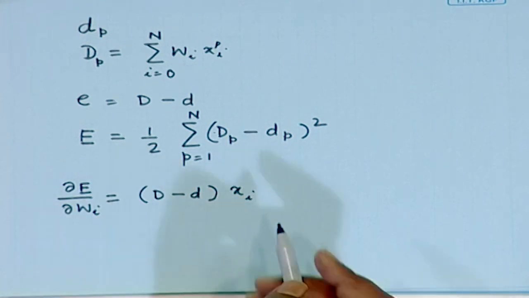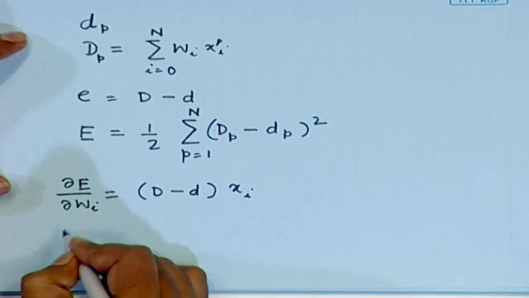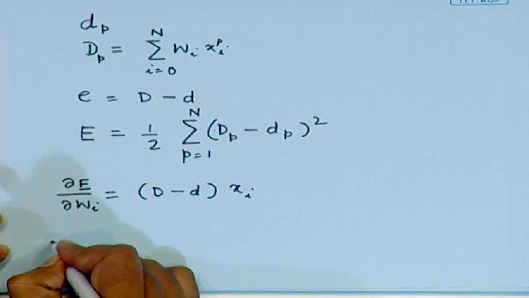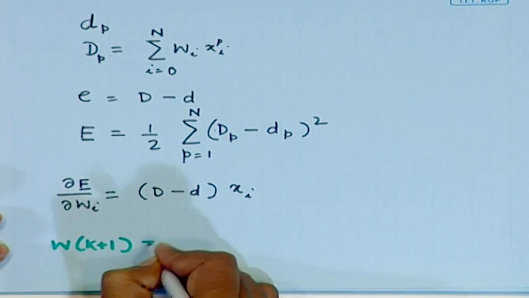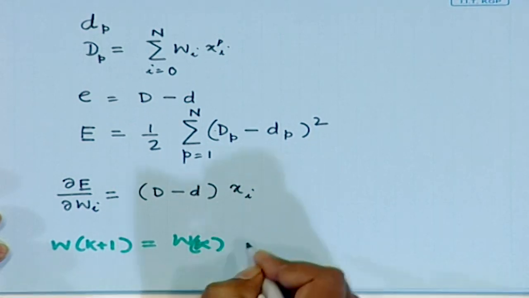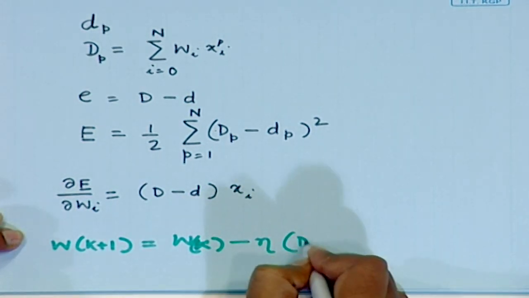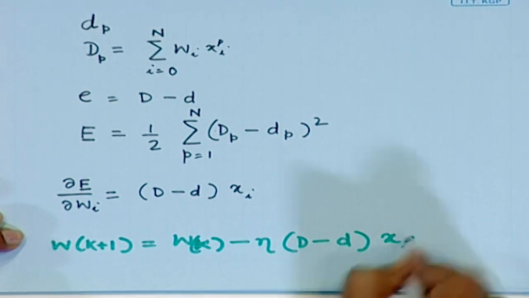Accordingly, our weight updation rule will be Wk plus 1 is equal to Wk, following that gradient descent procedure, minus eta times (d minus the actual output) into xi.